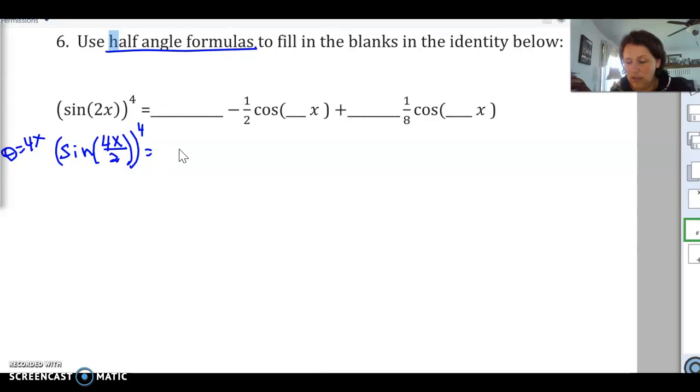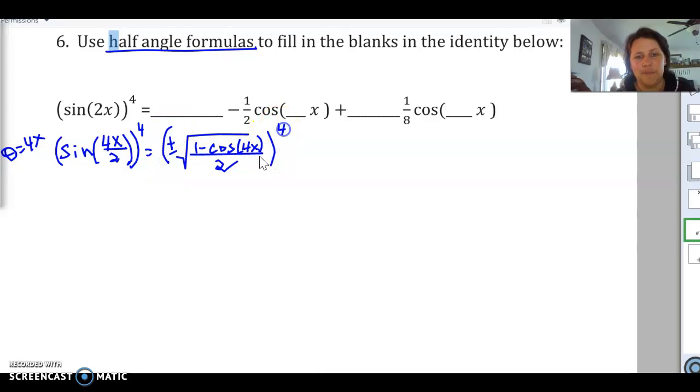Using my identity sheet, I have the sine of theta over 2, where theta is 4x, equal to plus or minus the square root of 1 minus cosine of 4x, all over 2. And then that's all to the 4th power.